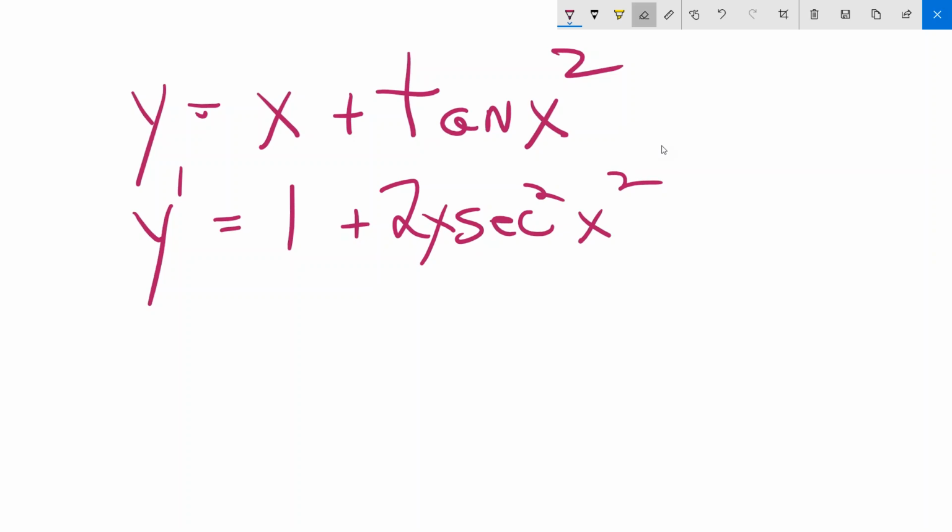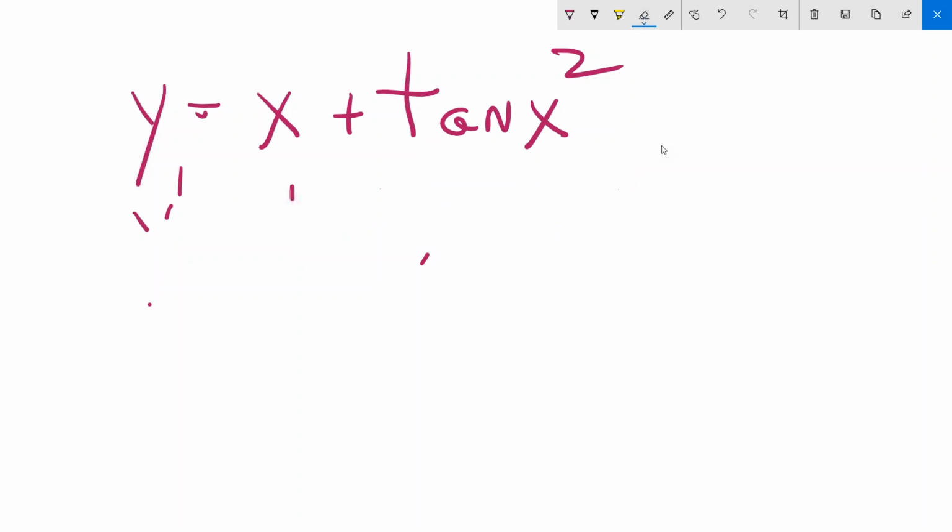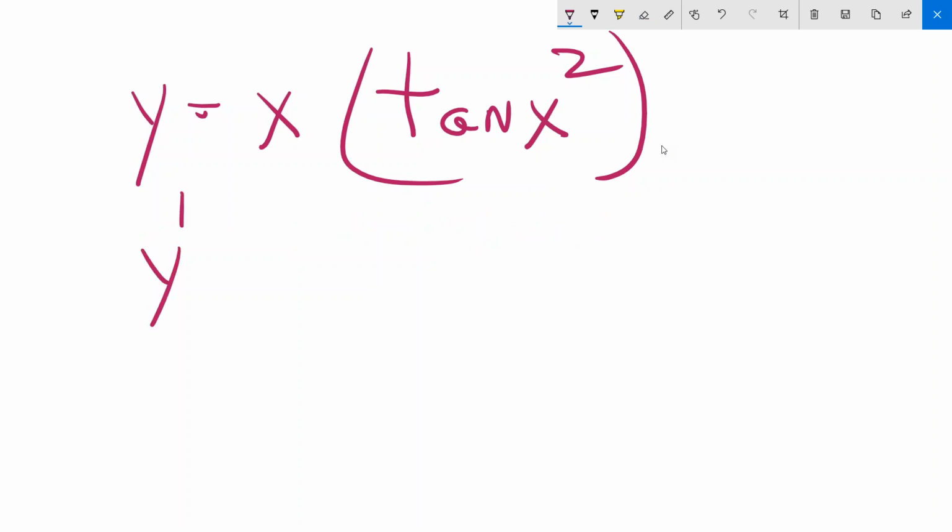Now, make that a multiplication, just as further review of the product rule and the chain rule. Okay, so the product rule, let me write it up here on the right.